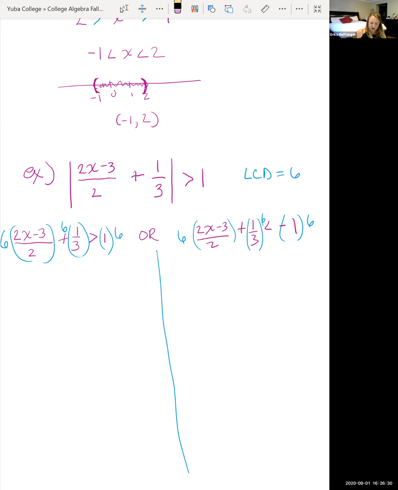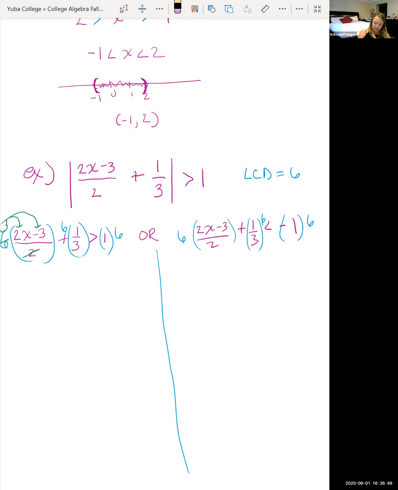Okay, so multiplying by 6, 2 goes into 6 3 times. And so we pretty much have left for that first piece, 3 times the quantity 2x minus 3.